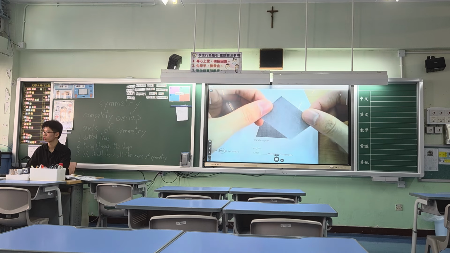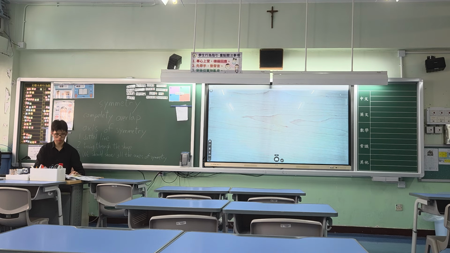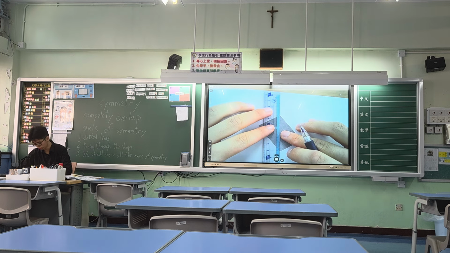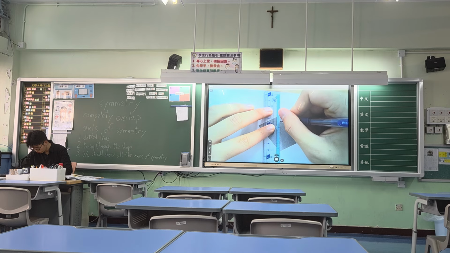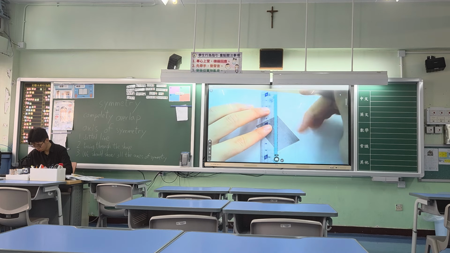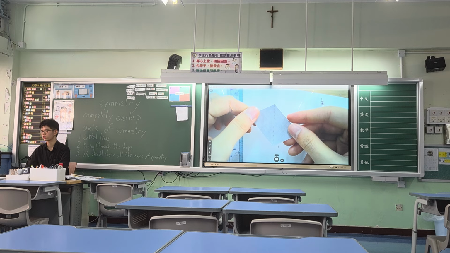Okay, parallelogram. Okay. Let Mr. Fong decide that. Interesting. Mr. Fong thinks that actually a parallelogram has an axis of symmetry. The axis of symmetry should look like this. Okay, you can see the axis of symmetry should look like this.